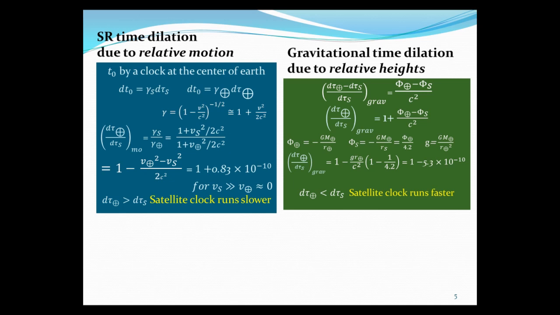Then I express Newton's constant times mass in terms of the gravitational acceleration on the surface of Earth g, and then this term here is simply g times the radius of the Earth divided by c squared, because I have a c squared here, so this 1 minus 4.2, and when I work this out it is about 5 times 10 to the minus 10.